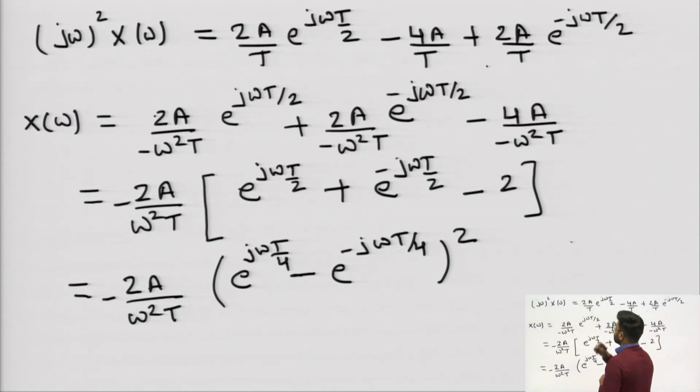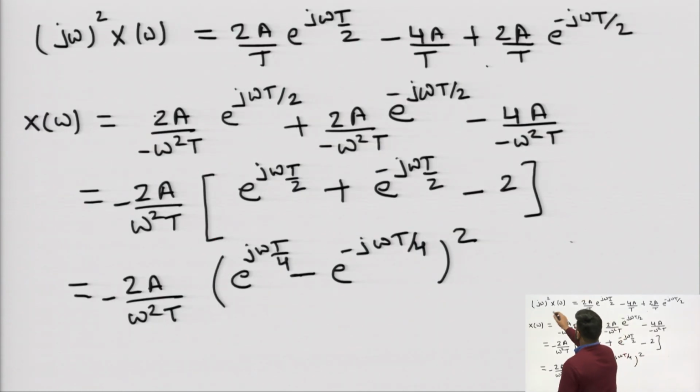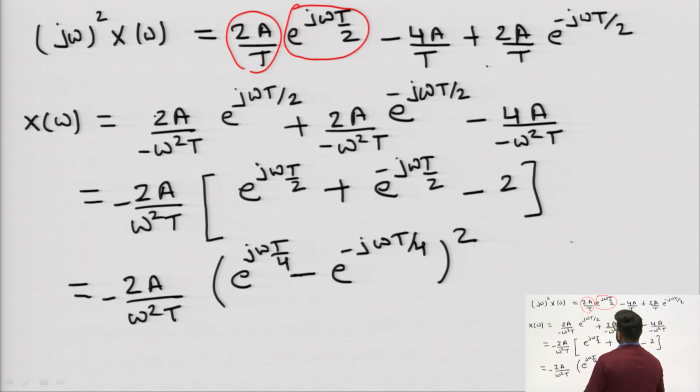Now, j omega square of x of omega we can write it as we have an impulse at minus t by 2. So, j omega whole square x of omega will have 2a by t impulse value, because the impulse is occurring at minus t by 2. So, we will have a factor of e to the power j omega t by 2. So, we will have j omega square x of omega 2a by t e to the power j omega t by 2.